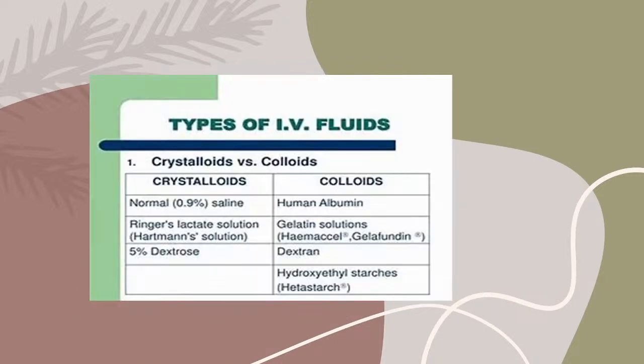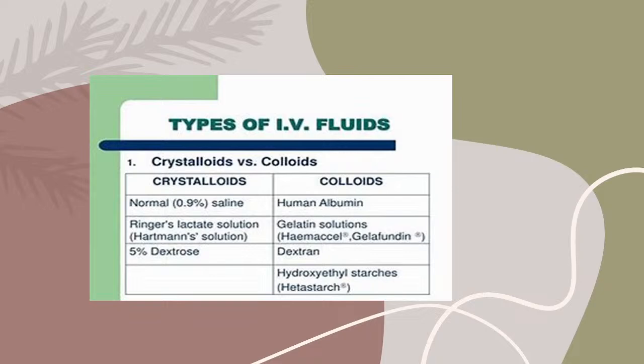Another classification we can say is crystalloids and colloids. Crystalloids are like normal saline, Ringer lactate solution, which is also known as Hartmann solution, then 5% dextrose. These all are examples of crystalloids. Examples of colloids are human albumin and gelatin solutions like Haemaccel and Gelofusine.